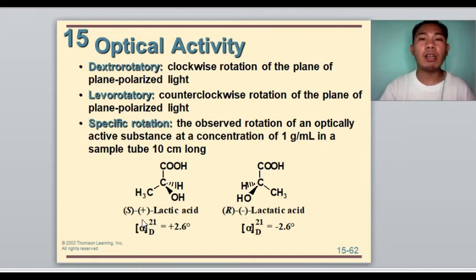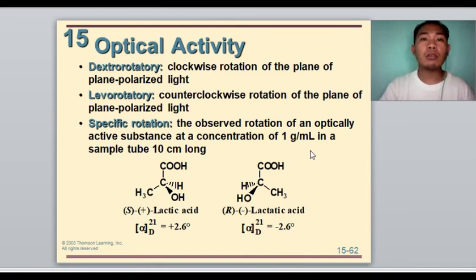Specific rotation is defined as the observed rotation of an optically active substance at a concentration of 1 gram per mL in a sample tube that is 10 centimeters long.